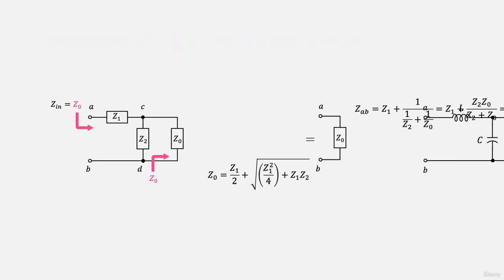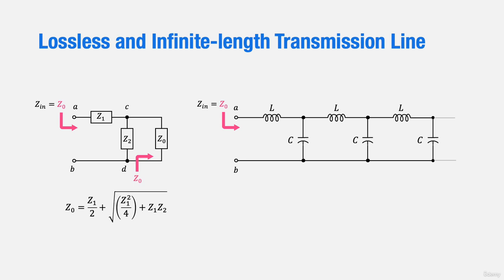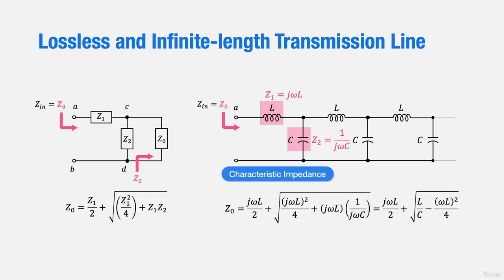Okay, as we also know, for an infinite lossless line, its distributed model resembles a ladder network. The input impedance is referred to as Z0, where Z1 equals j omega L and Z2 equals 1 over j omega C. As a result, we can establish a relationship between Z0, L, and C like this.